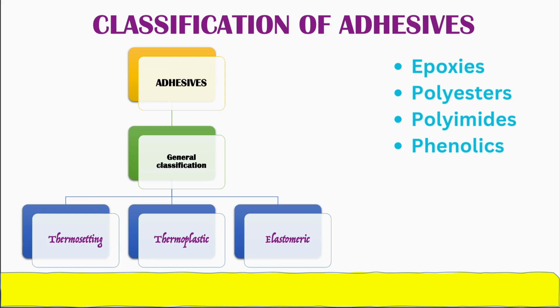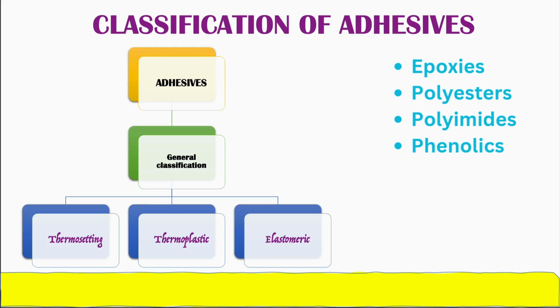When a thermoplastic cools, it hardens. So thermoplastics can be reprocessed many times, unlike thermosetting adhesives, by using heat. You can apply heat, or you can simply apply a solvent, and then the thermoplastic gets reprocessed.